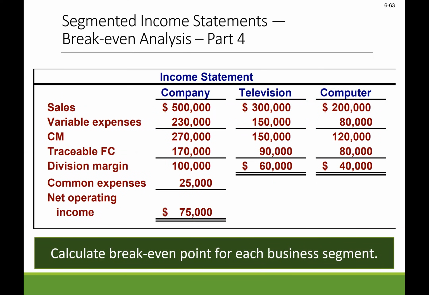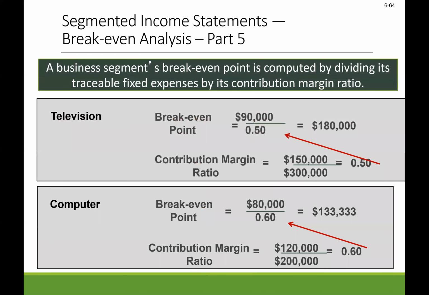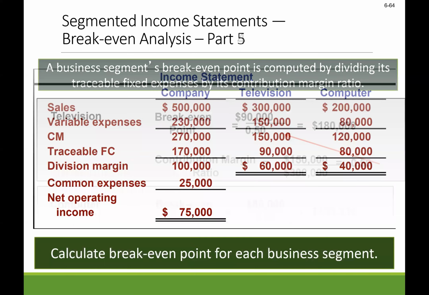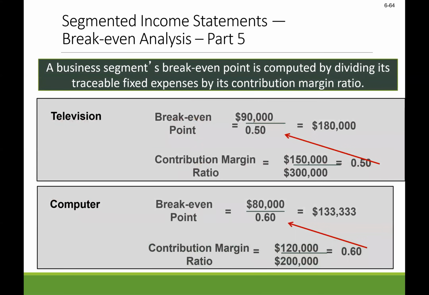So then to calculate the break-even point for each business segment, we'll take the fixed expense and divide that by the contribution margin ratio for it to be 180,000.